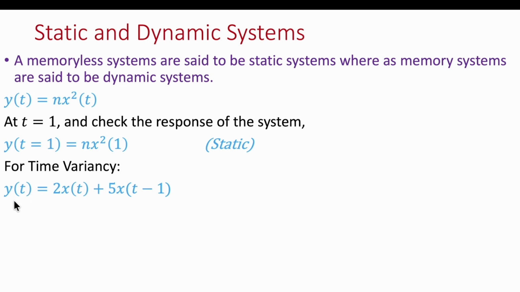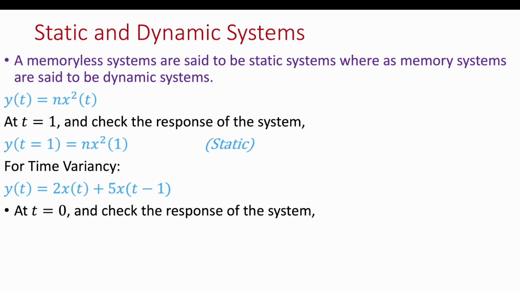Second example, y of t is equal to 2x of t plus 5x of t minus 1, and again you want to check the state of the system. You check the response at t is equal to 0. If you insert t is equal to 0 in this response, you will see that it is 2x of 0 plus 5x of minus 1.